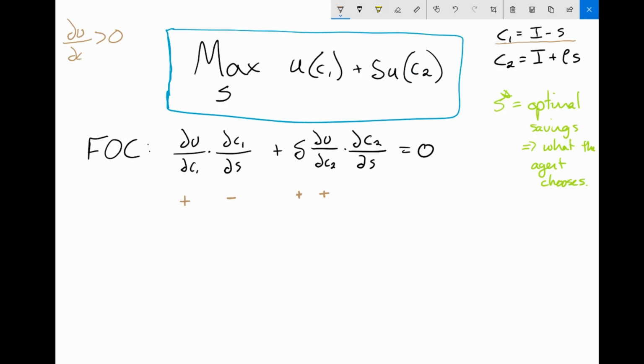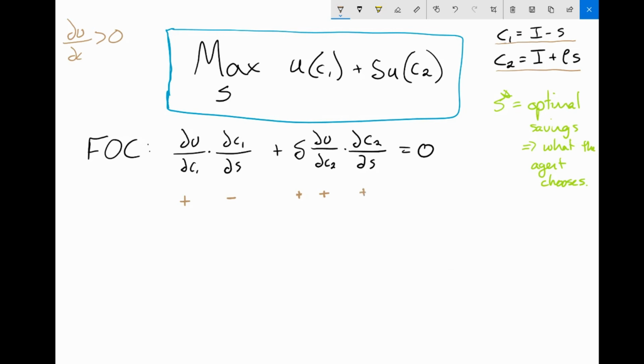Okay, now how does consumption in the future change given a change in savings? Well, let's look at it. If savings goes up, then consumption in the future goes up, because in the future we will spend the money that we saved. So then this is positive.